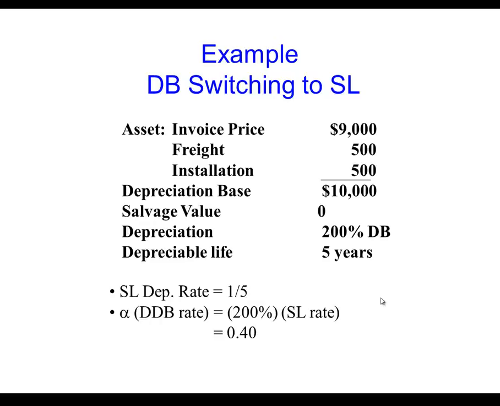Based on that, alpha is equal to 200% multiplied by the straight line rate. If you multiply 1 over 5 by 200%, then you will get the 40%, which is the same calculation that we got before.